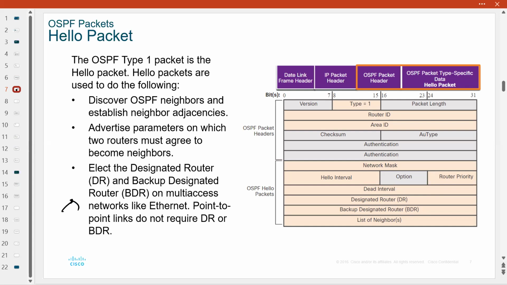The information on which router will be DR and which will be BDR is contained in the yellow packets. Focusing on this area here, we can see the hello intervals and the dead intervals, which we discussed. The designated router, who the BDR is in this network, and who my neighbors are as a router. All that information is in the yellow packet.